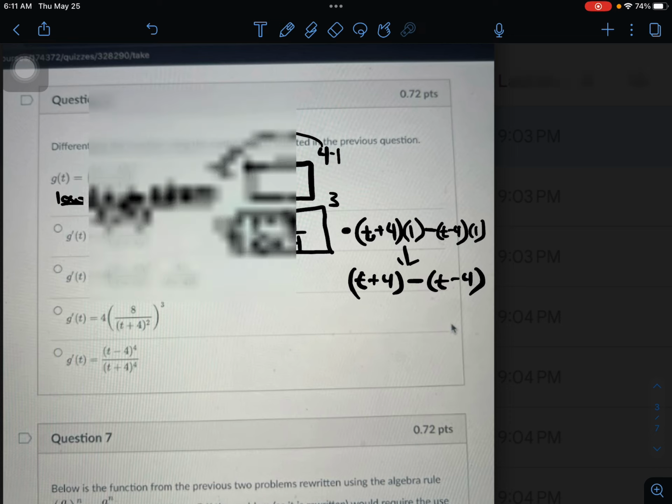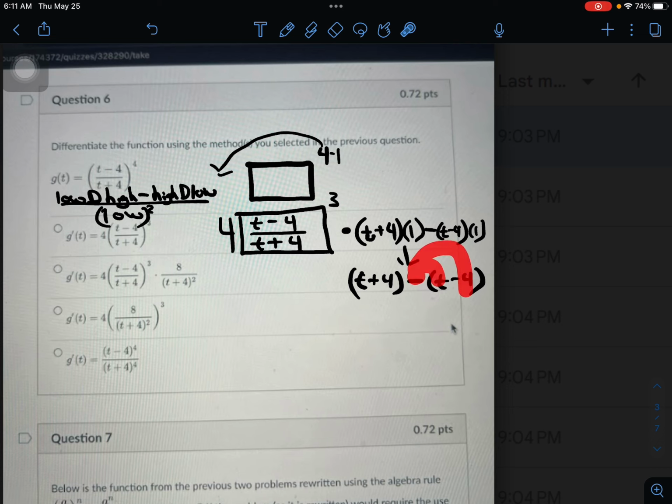And finally, I'm going to distribute this negative times a positive t. And I'm going to drop down that first part, t plus 4. Then I'm going to distribute this negative. Negative times a positive t is a minus t. And negative times a negative 4, negative times a negative is a positive.